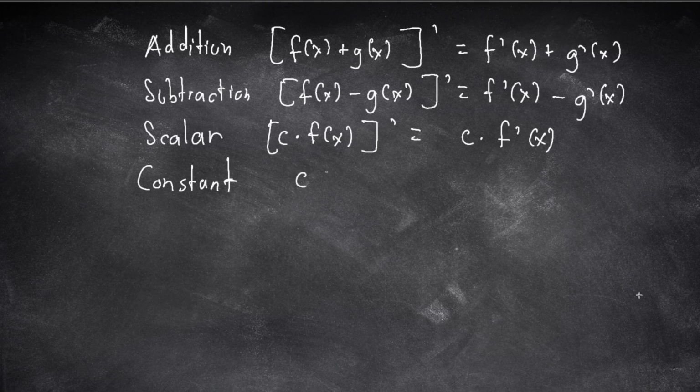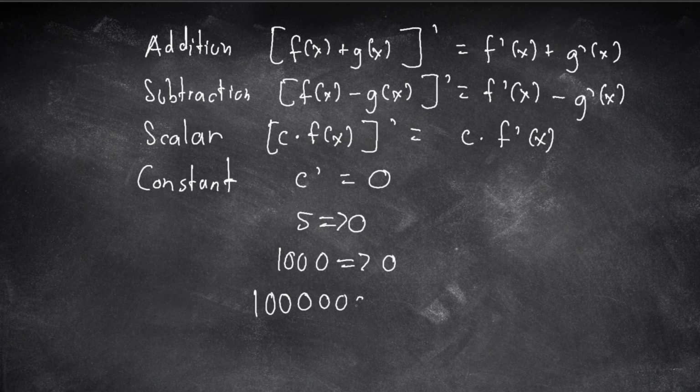So if we have a constant and we take a derivative of it, it's 0. So if you take the derivative of 5, that's 0. If you take the derivative of, let's say, 1,000, that is 0. If you take the derivative of 1,000,000, that is 0. So any derivative of a constant is always 0.